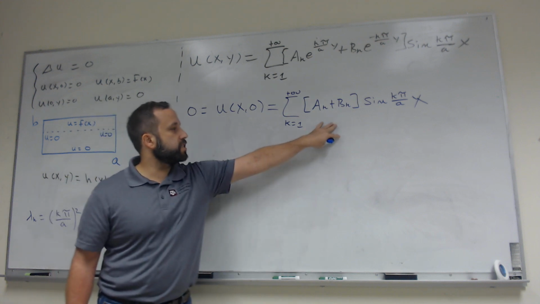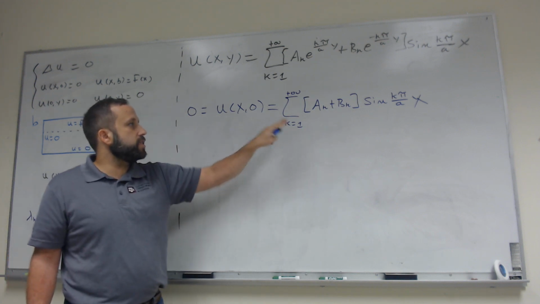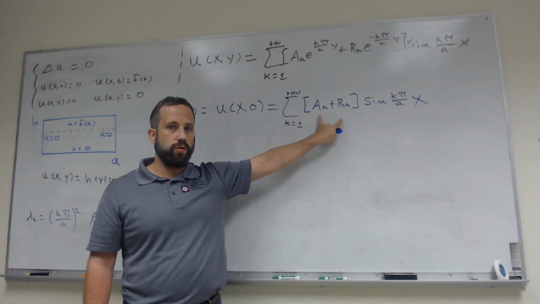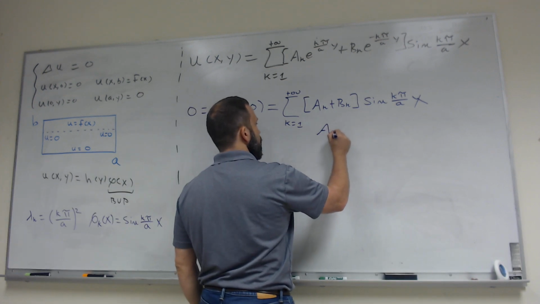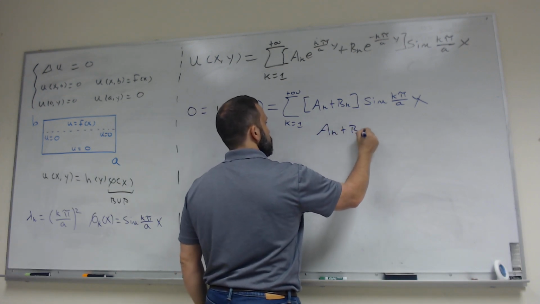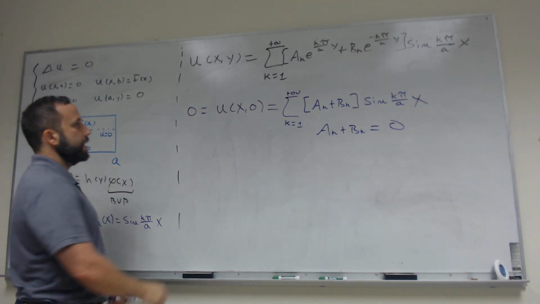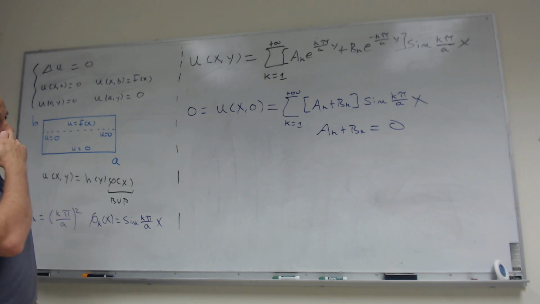So I've got this sine series identically equal to 0. Similarly, the only way this can happen is if AK plus BK is always equal to 0, or AK is equal to minus BK. So now we know that AK is equal to minus BK.